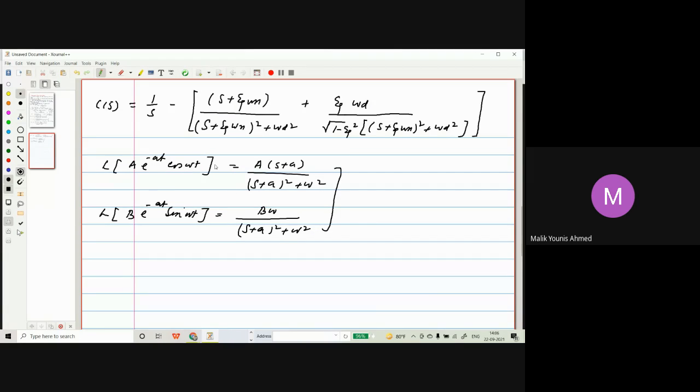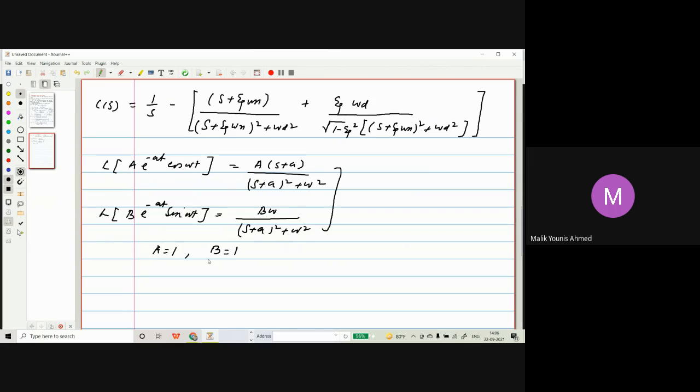Okay. Now you can see here the first term, s plus a is in the cos term. So a here is what? A here is 1 very clearly. And if you can see the second term, b omega, so b is also 1.